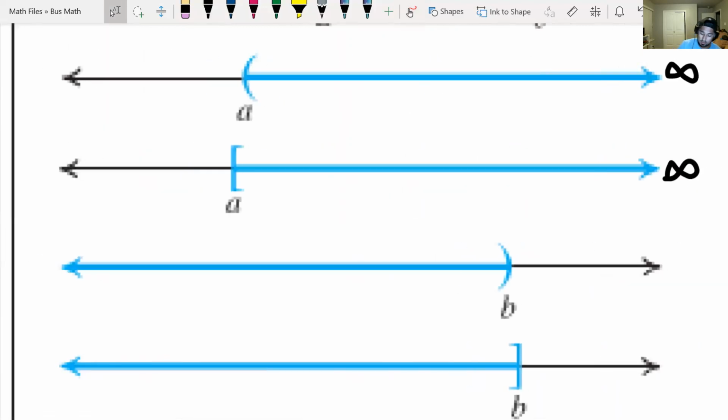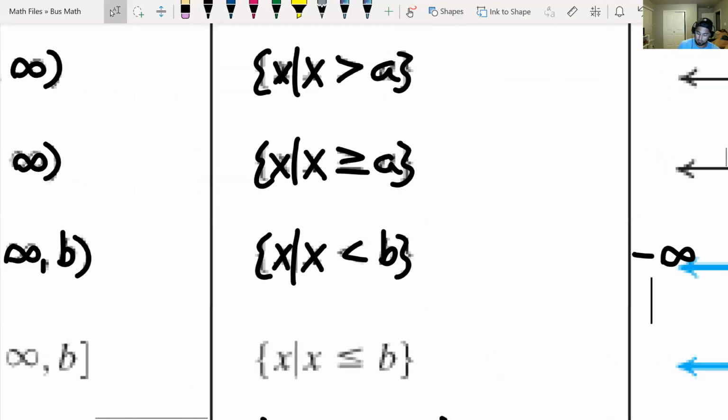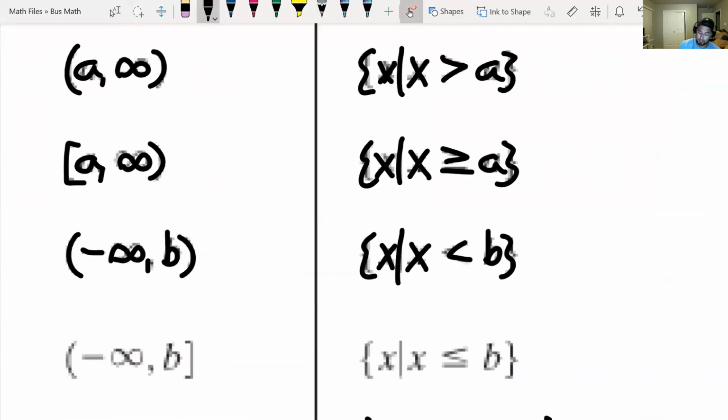Now we start at negative infinity, we come up the number line, and we stop at parentheses B. All right, and then same thing here.